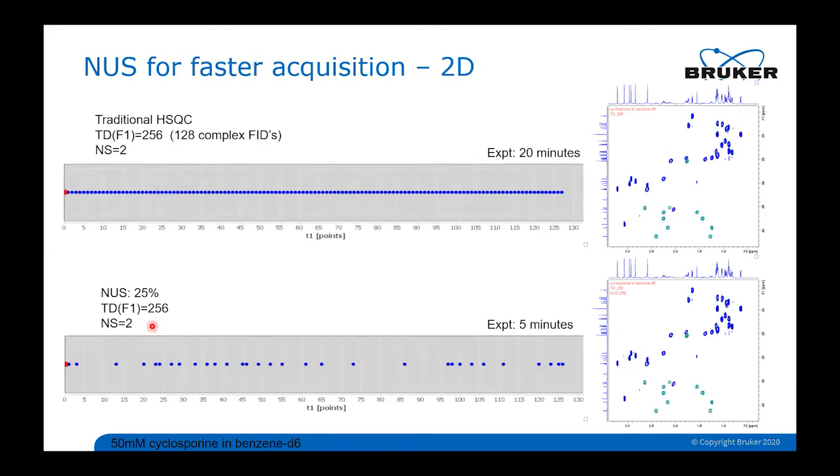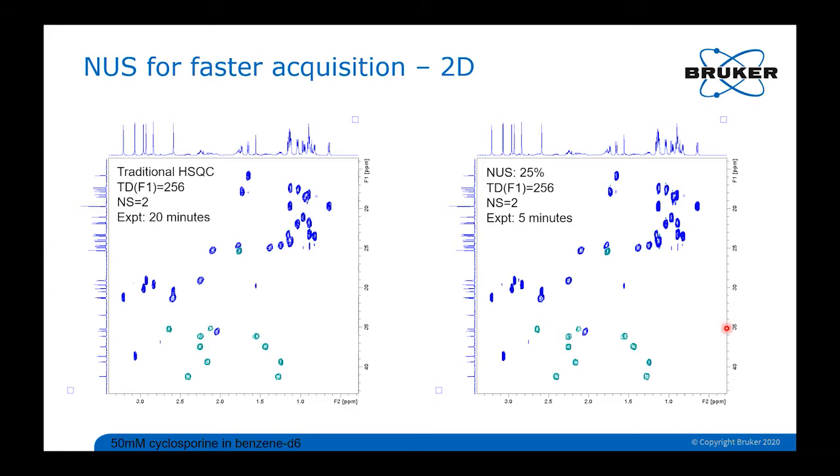So 25% non-uniform sampling, still 2 scans per increment. Now, because we've acquired only 1/4 of the data points, it only takes us 1/4 of the time. So now in 5 minutes, we have our HSQC. And just zooming into these, we can see that we really have identical quality spectra, even though we only acquired 1/4 of the FIDs.